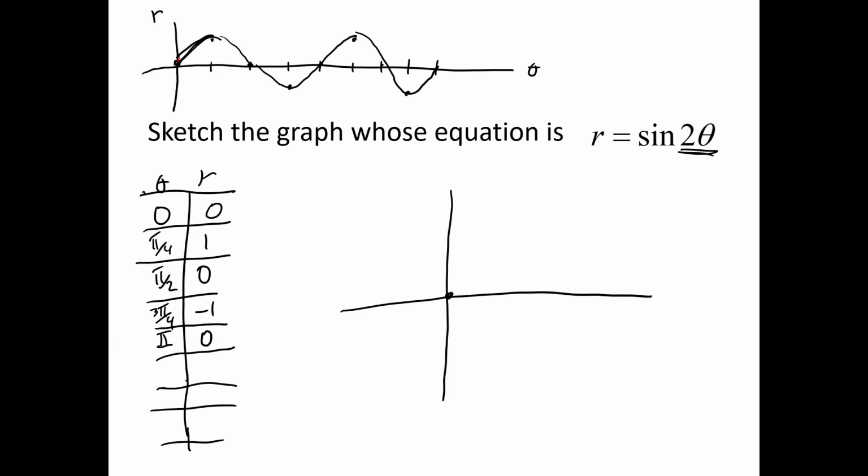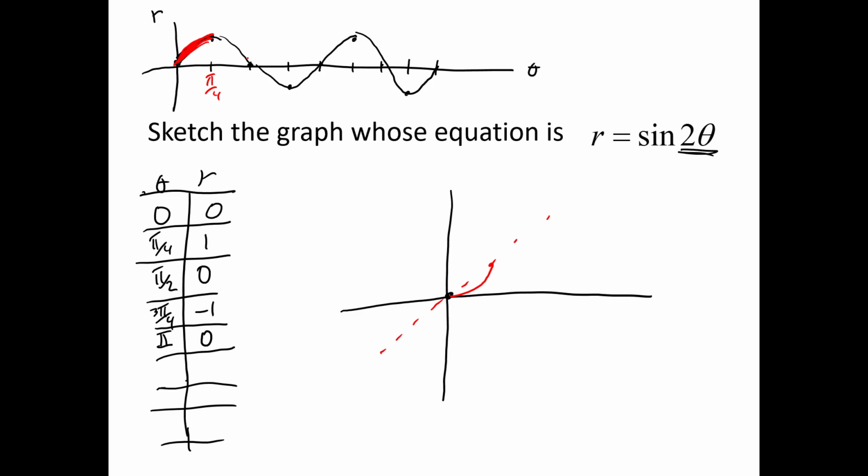As my angle changes from 0 to pi over 4, my R value changes from an R value of 0 to an R value of 1. So pi over 4 is right there, and we're going to get to an R value of 1. And you can see by following this that as my angle gets bigger, my R value gets bigger, and so then that tells you this graph looks like that.